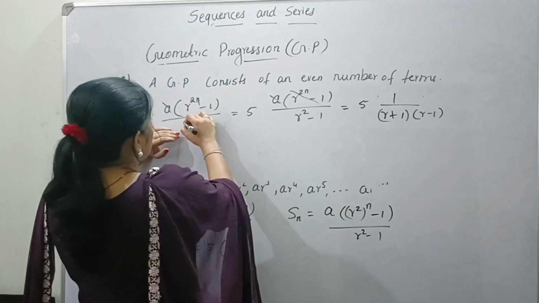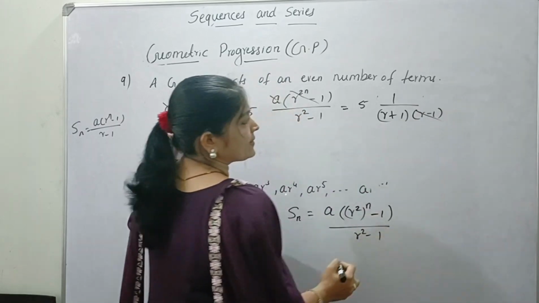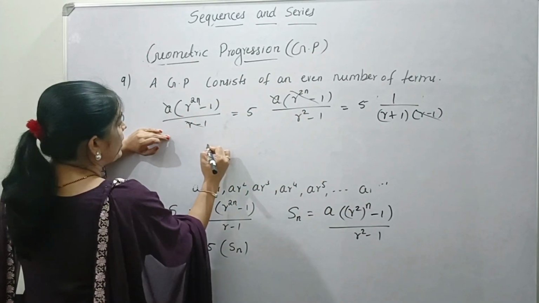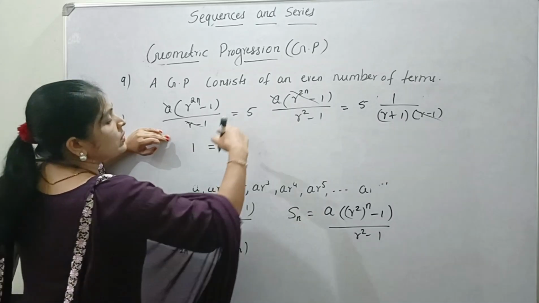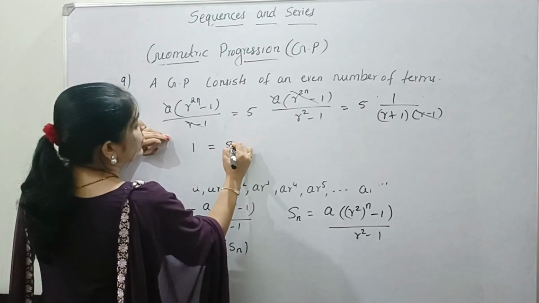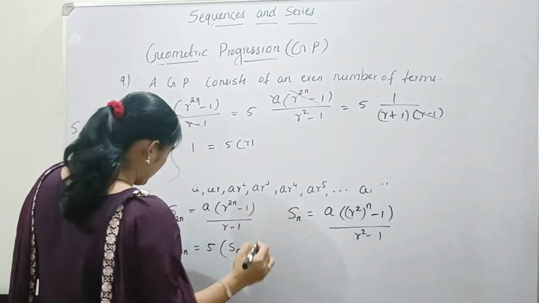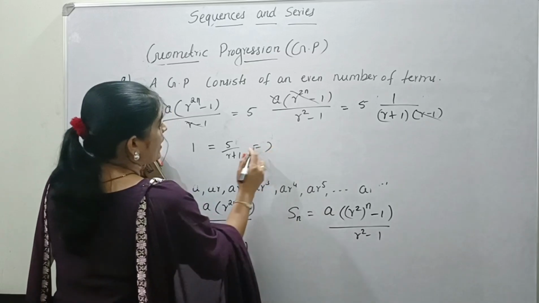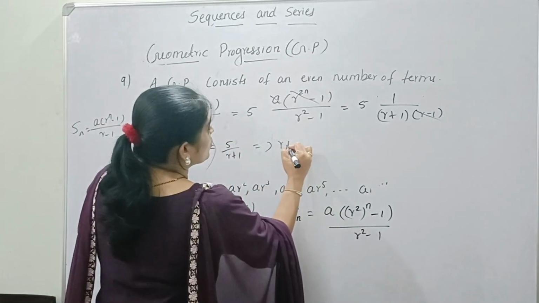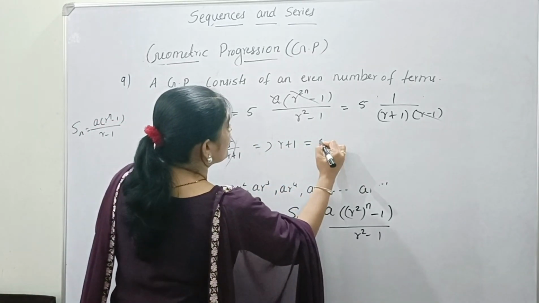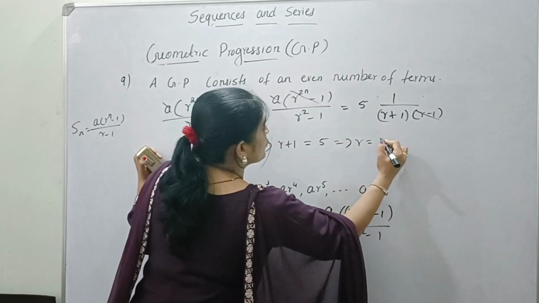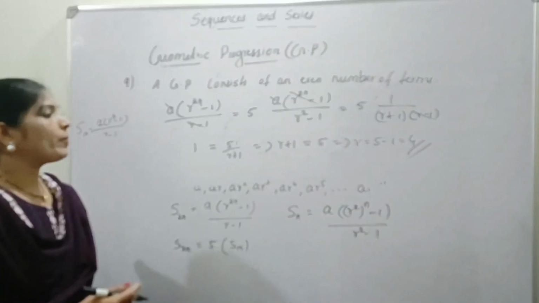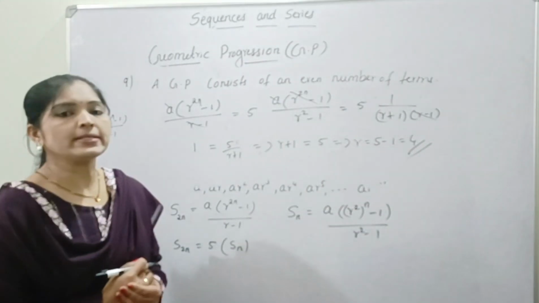Then r minus 1 cancels, leaving 1 equal to 5 divided by r plus 1. That implies r plus 1 is equal to 5, so r is equal to 5 minus 1, that is 4. So the common ratio is 4.